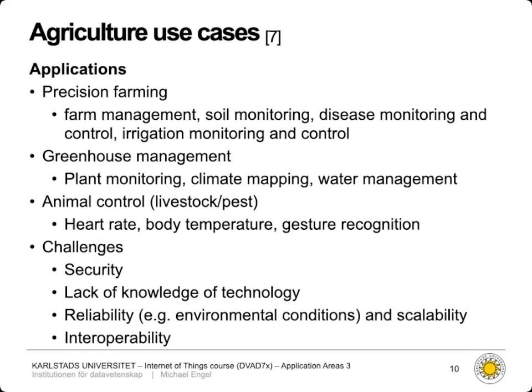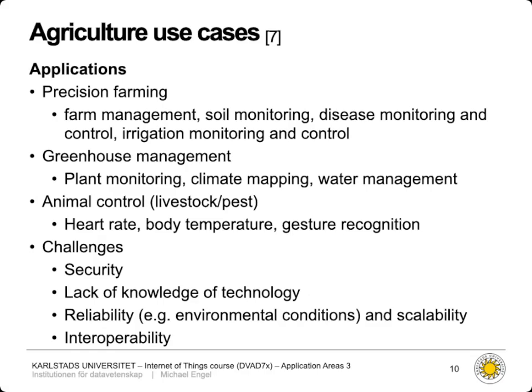So you don't want to provide water on the same level for your whole acres of field, but maybe you want to apply water or nutrition or pesticides selectively. So this is an application area for IoT in agriculture. We call it precision farming.